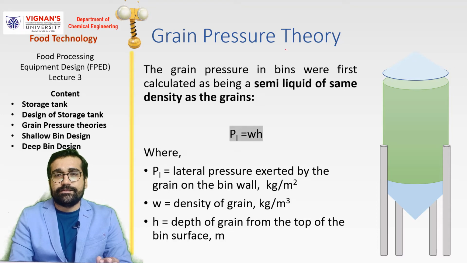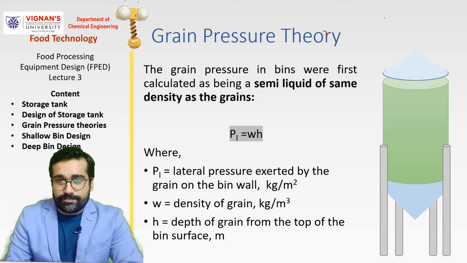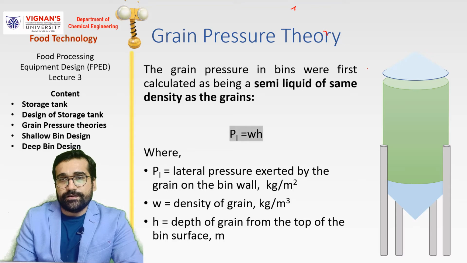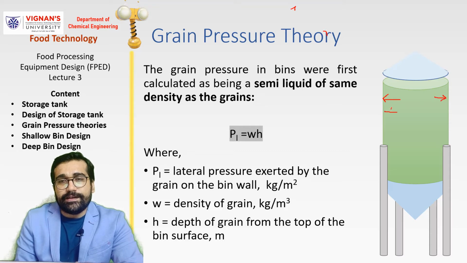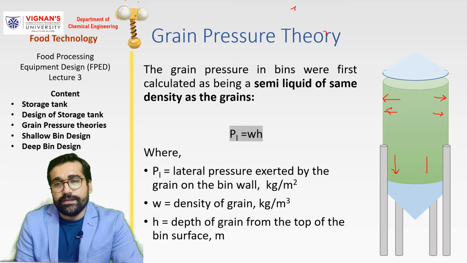If I draw here, if it is a liquid, then the pressure acting at any point will be equal. There will be no difference in pressure. That's why we consider it as liquid.